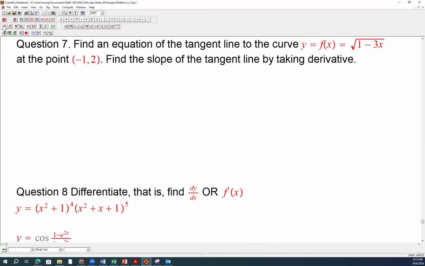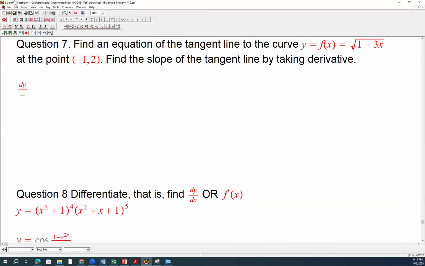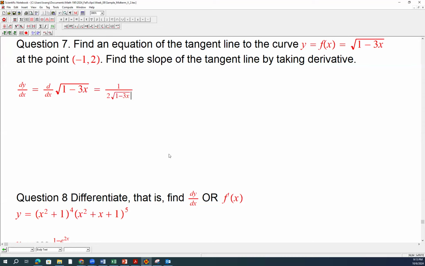So that's our function. The derivative dy/dx equals, we're taking the derivative of root 1 minus 3x. So we're going to get 1 over 2 times root, and differentiating, that was a u, 1 over 2 times root u, and differentiating 1 minus 3x gives us a -3.